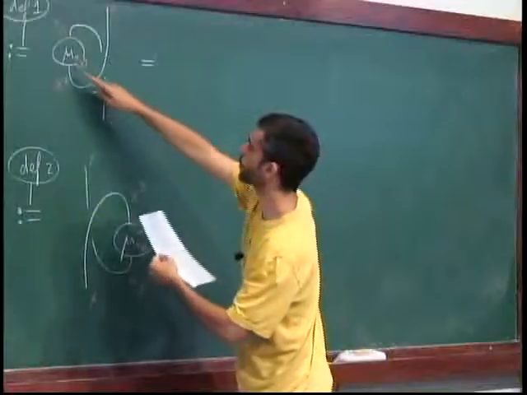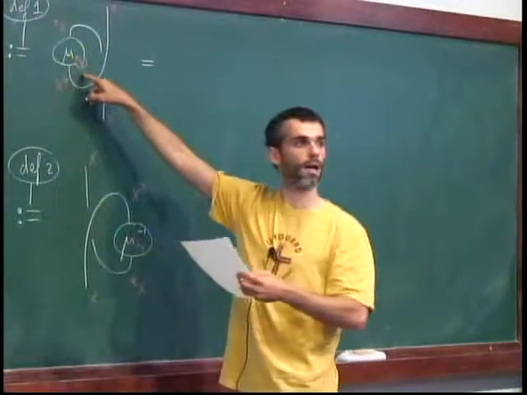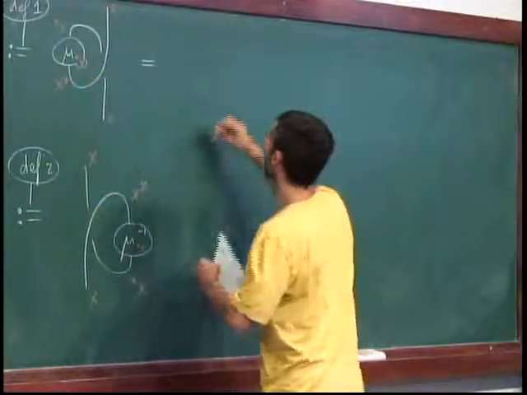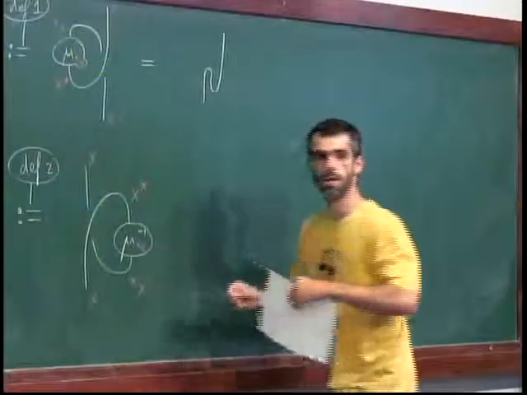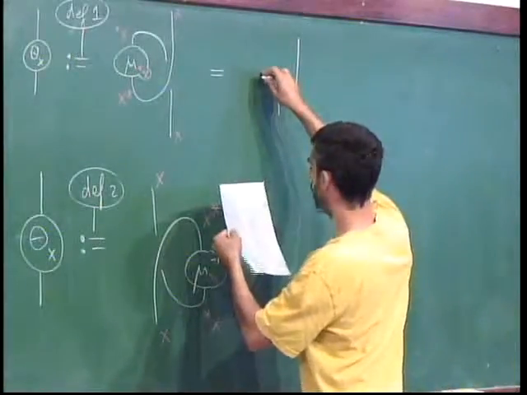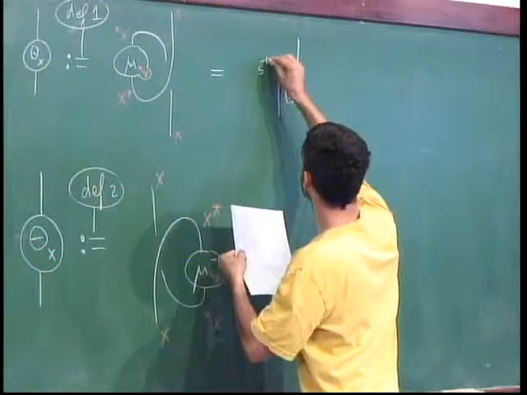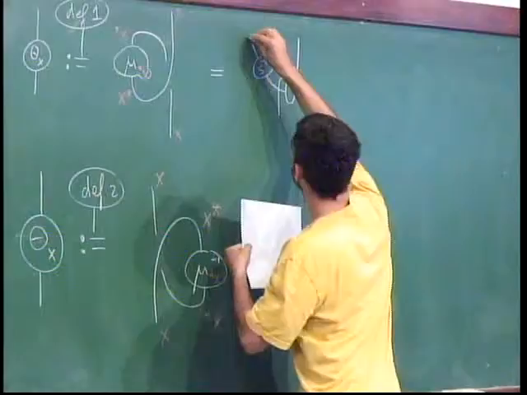Okay, so how does one define this? This is mu acting on a left dual. This is defined in the following way. We make a little squiggly and then precompose with S inverse and let it act here in the middle.